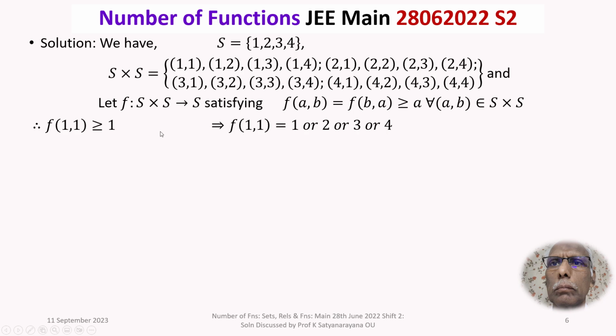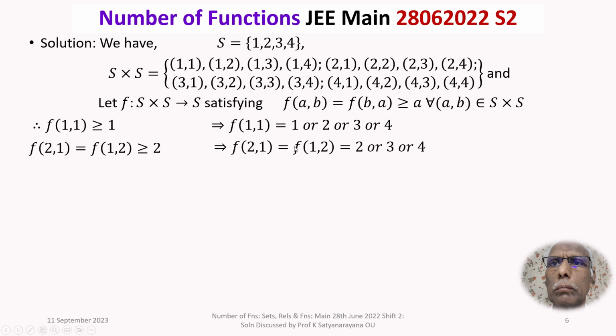Let's see. f of (2,1) is greater than or equal to 2, and f of (2,1) is equal to f of (1,2). That will imply f of (2,1) is equal to f of (1,2), which is greater than or equal to 2, meaning 2 or 3 or 4.